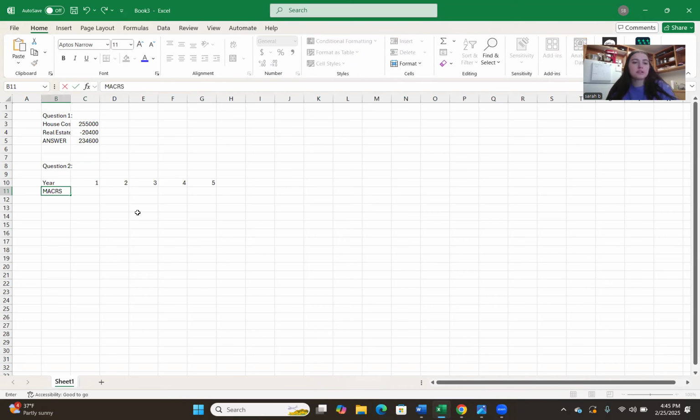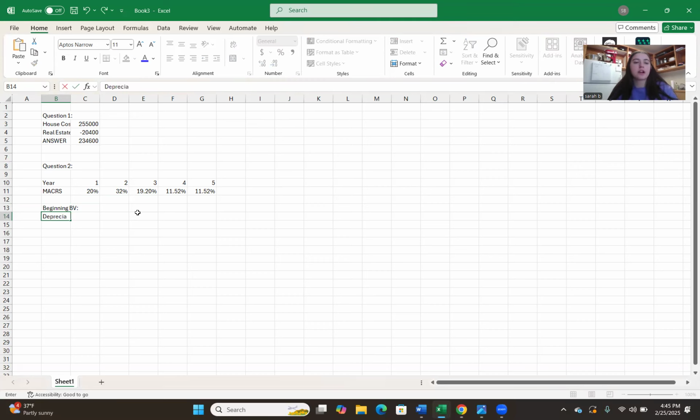MACRS percentages are going to be 20%, 32%, 19.2%, 11.52%, and 11.52%. Okay, we good there? Beginning book value is what it was worth.